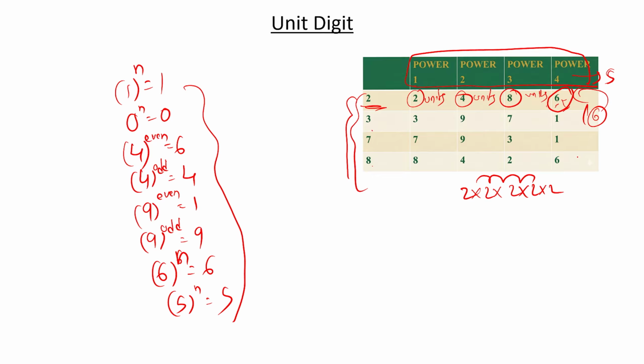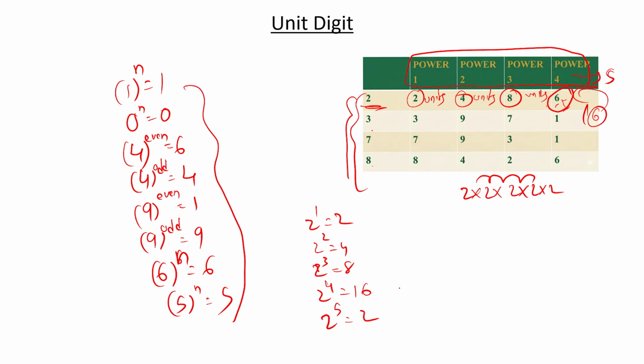So here what I'm going to say is, 2 power 1 is equal to 2, 2 power 2 is equal to 4, 2 power 3 is equal to 8, 2 power 4 is equal to 16, 2 power 5 is equal to 16 times 2, how much? 32. That means 2 power 5 ends in 2.